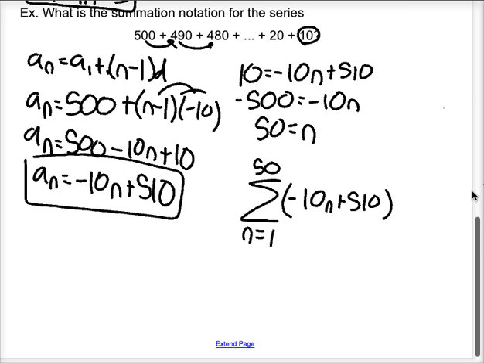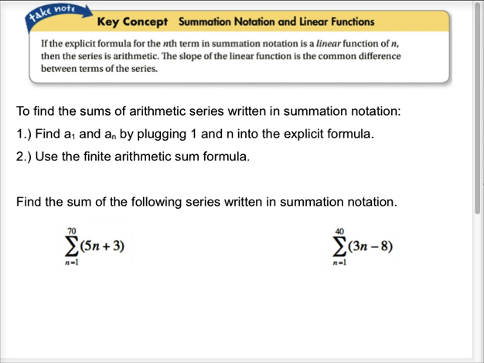So again, so far this has just been practice in how to construct this summation notation. So now that we know how to construct summation notation, let's look at how to use it to find the actual summation.